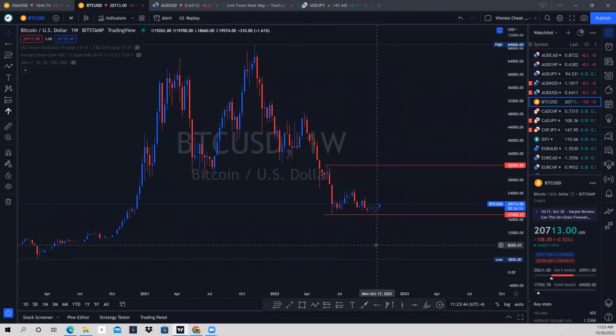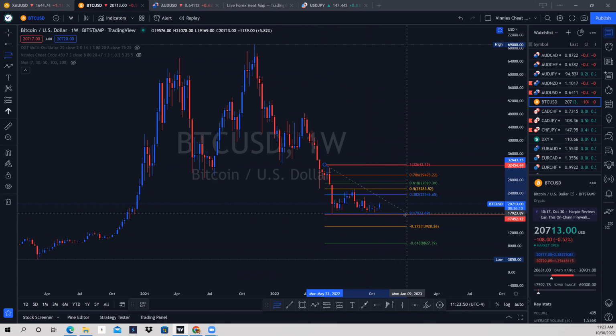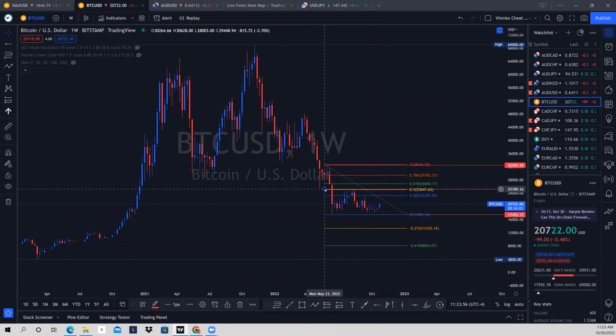The next thing we want to do is grab our Fibonacci tool, go from the swing high to the swing low, and mark up our 50% area, which is right here. Now we can get rid of our Fibonacci tool.